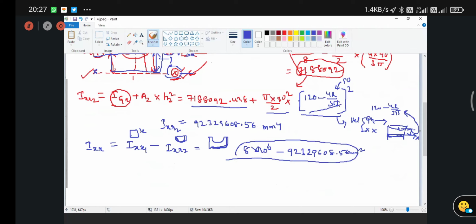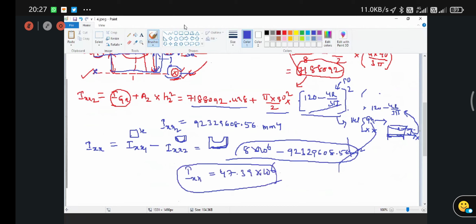If you do this, you are going to get exactly how much? Ix is equal to, the value should be 47.39 into 10 power 6. This much value you are going to get. I hope it is very clear.